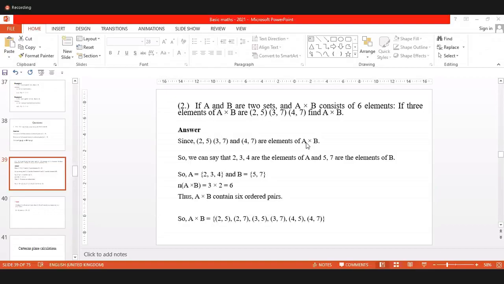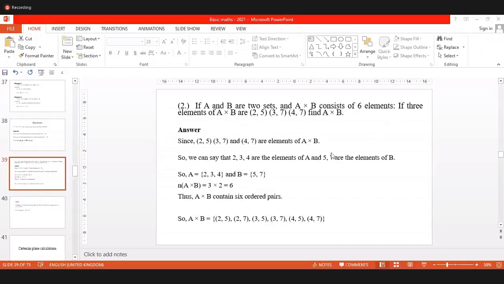So that means we can get the A pair and the B pair respectively. That means for A pair we'll get 2, 3 and 4. So for the B pair we'll get 5 and 7. So if we multiply each value, we'll get the 6 elements in the end. Yeah. Good. Yes, that is the answer. Okay, nice. Thanks a lot.